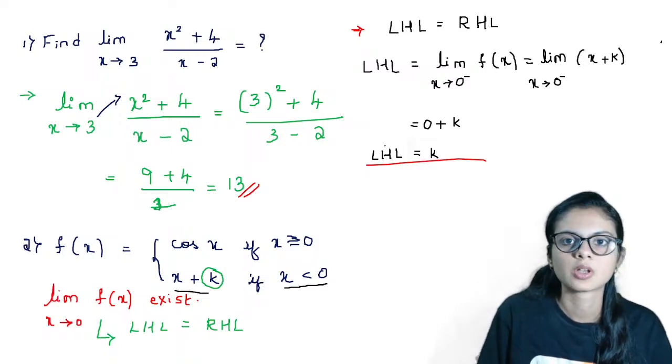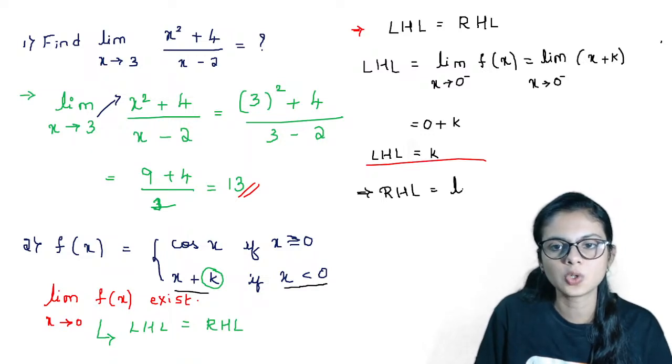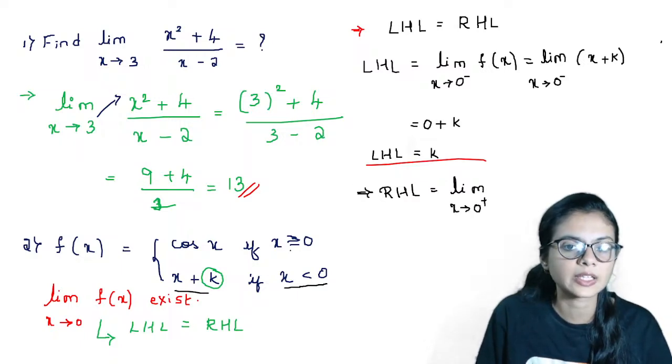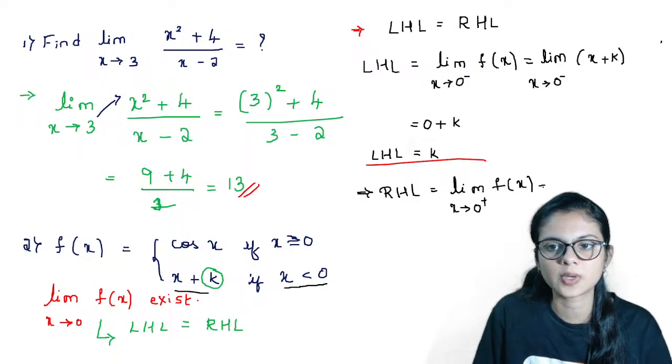Considering RHL, it is equal to limit x tends to 0 plus, where plus means greater than 0. If x is greater than 0, what is the function? I'll write f of x over here.